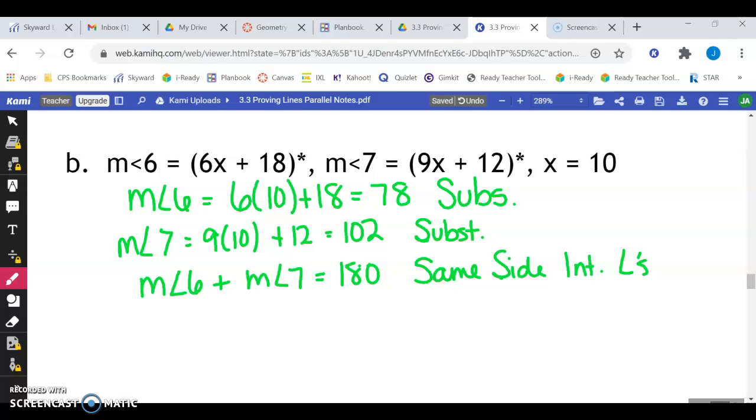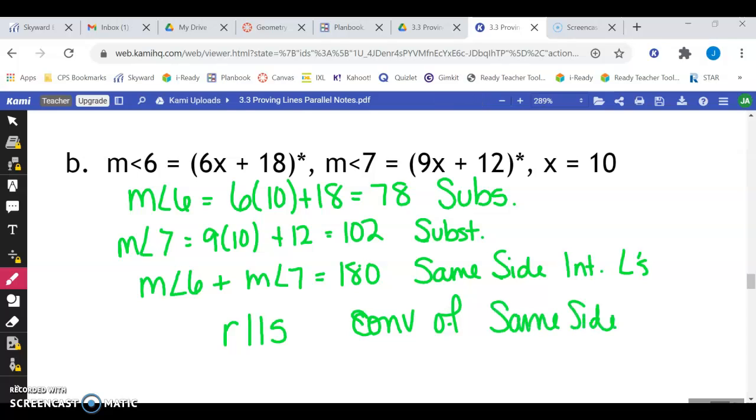And if those angles on the same side interior equal 180, then we can use that converse of same side interior angles theorem to prove that R is parallel to S. So the converse of same side interior angles theorem.